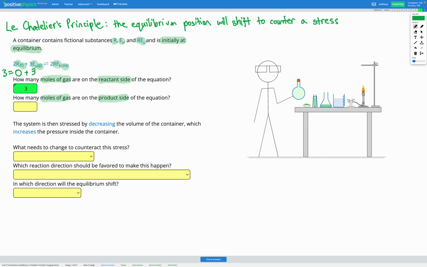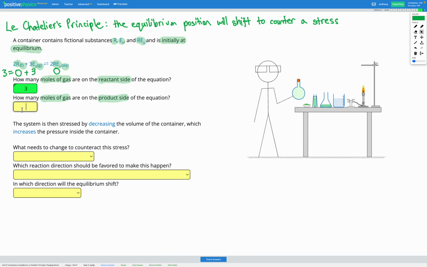On the product side, we've got 2 sets of Re3 AQ, aqueous, which means a solution. Again, that's not a gas. So changing the volume of our container isn't going to change the concentration of our solution. So we've got 0 moles of gas on the product side.